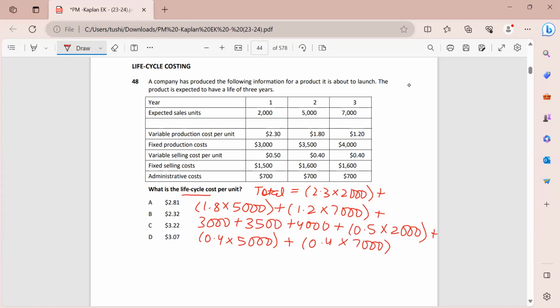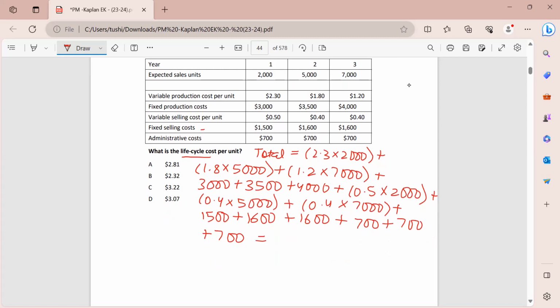So then I will add my fixed selling costs. For each of these years, this is 1500 plus 1600 plus 1600, and then again I add my administrative costs: 700, 700 and 700. So if I total all of these figures up, I will get my total costs as 45,100.